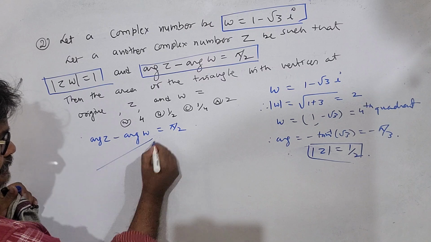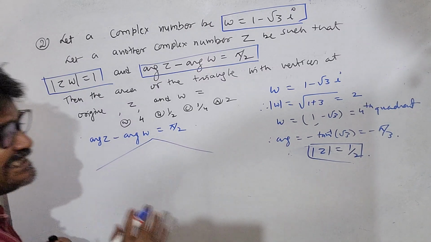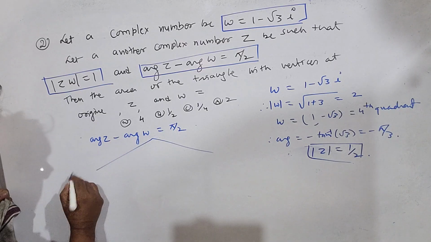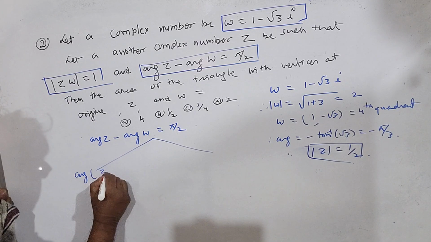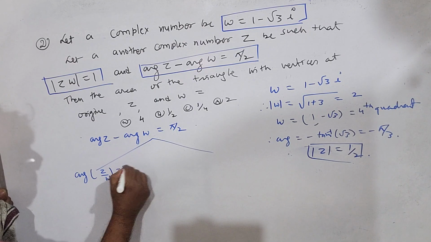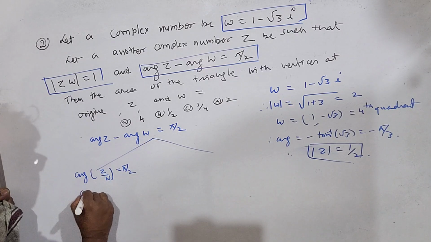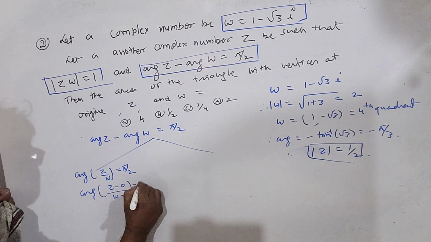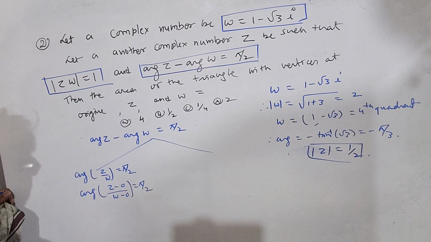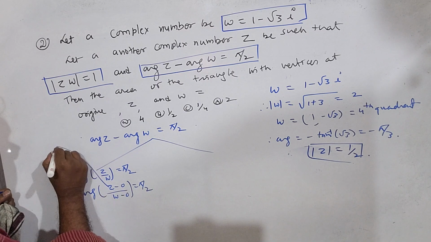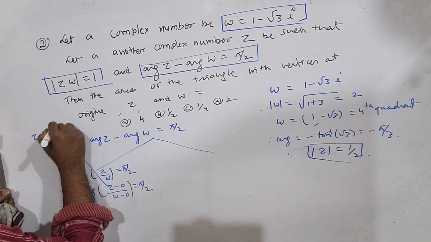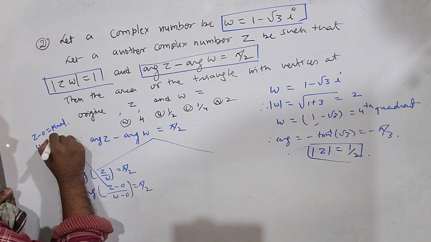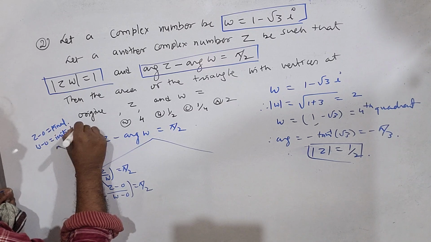Now from here we can interpret it in a very interesting way. See, by applying the argument property I can write argument of z by w equal to pi by 2, correct? I can write it as argument of z minus 0 by w minus 0, that is pi by 2. z minus 0 is the final vector, okay, and w minus 0 is your initial vector, correct?